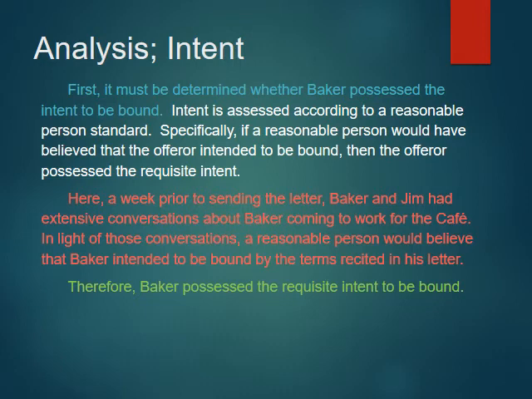Now you go to analysis, which is in vibrant red against the blue background, and you commonly start that analysis with "Here," comma. And what are you saying? Okay, those are the general things that are true, and here, for our facts in this question, I'm going to tell you about some facts.